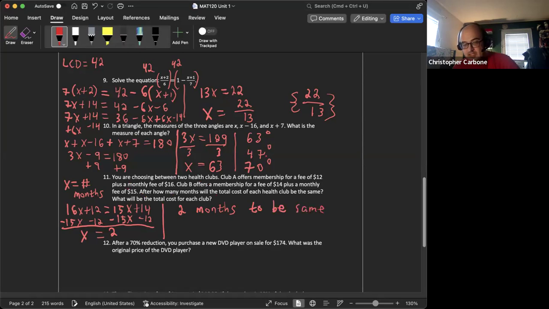And to find the total cost of the club for each club, since they're equal, you could choose whichever one. It doesn't really matter which one you use, as long as you use one of them. To find this total cost, you do, for example, 16 times 2 plus 12.